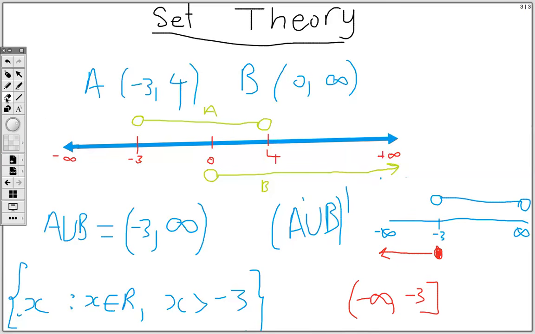So if we're going to represent this, we will have x is less than or equal to -3. So the set builder for A union B complement is x is such that x is an element of the real numbers where x is lesser than or equal to -3.